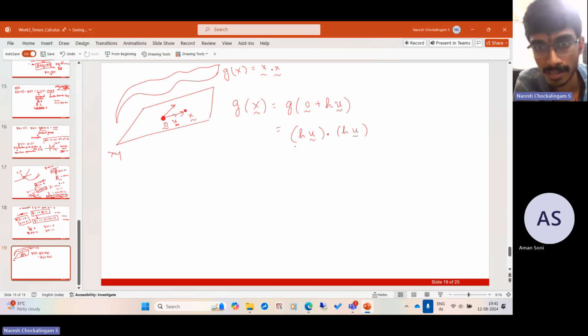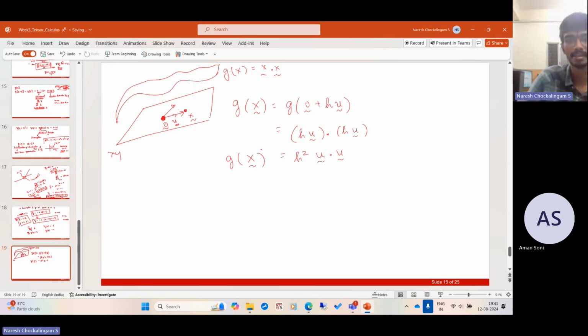Now h is a scalar, so you can take the scalars out. You get h square times u dot u. So this is nothing but g of x, where x is hu.